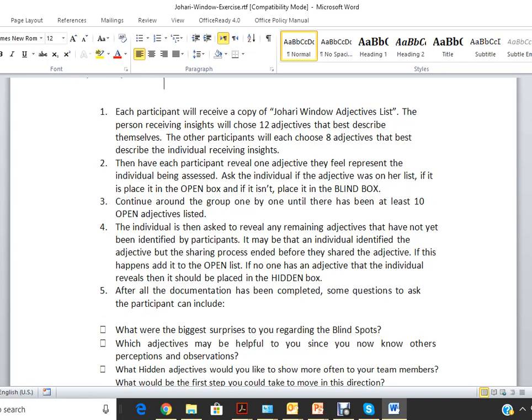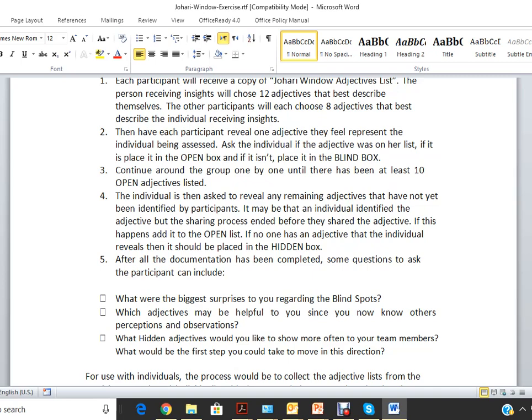After all documentation has been completed, some questions to ask the participants can include: 1. What were the biggest surprises to you regarding the blind spots? Here, the participants might see that there are adjectives in the blind spots they were not aware of. 2.